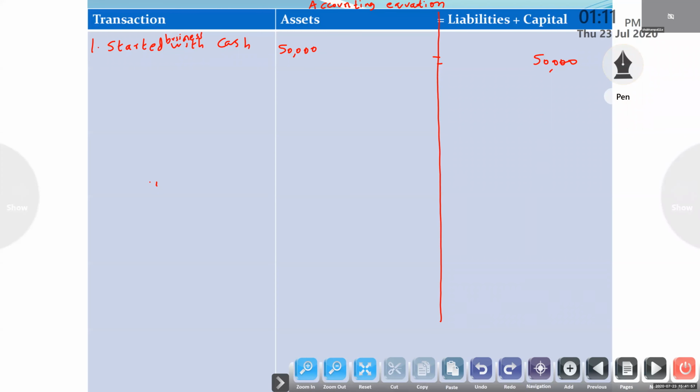Okay, it is cash. If you are not writing it, also no problem. It is capital. Cash is equal to capital. Clear? If you are not writing cash, no problem. Only the amount you have to write. For your understanding only, I wrote cash here.